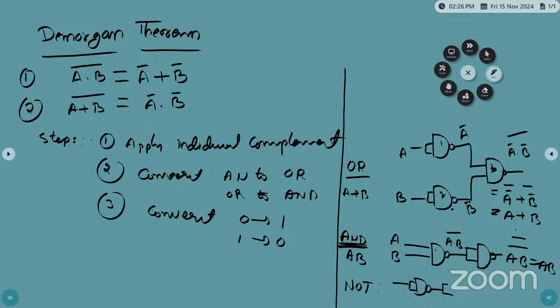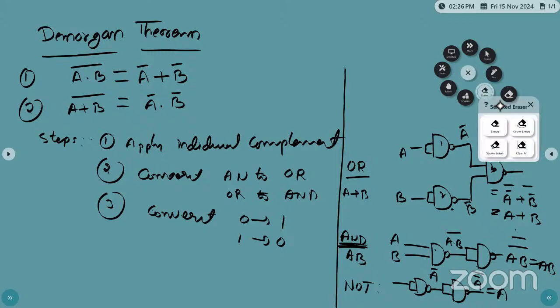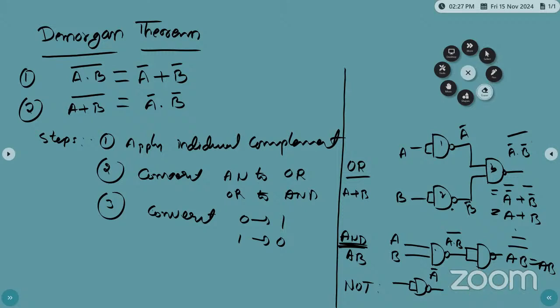Then the output is A bar, and A bar whole bar is equal to A. If you use a single NAND gate, it gives the NOT expression.